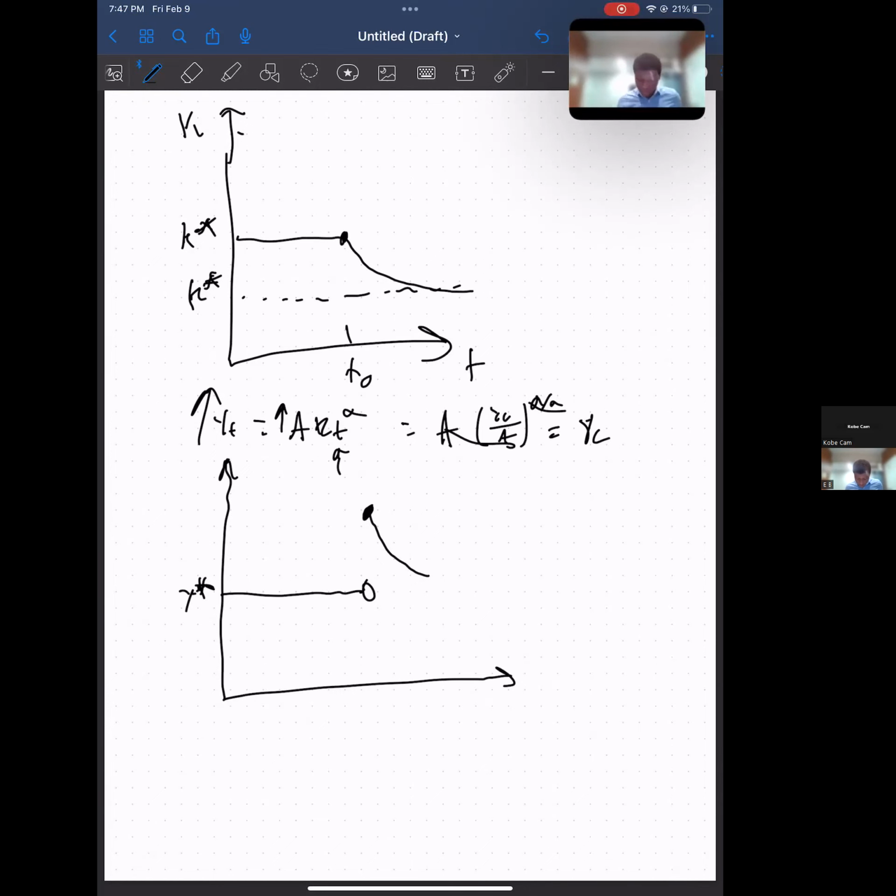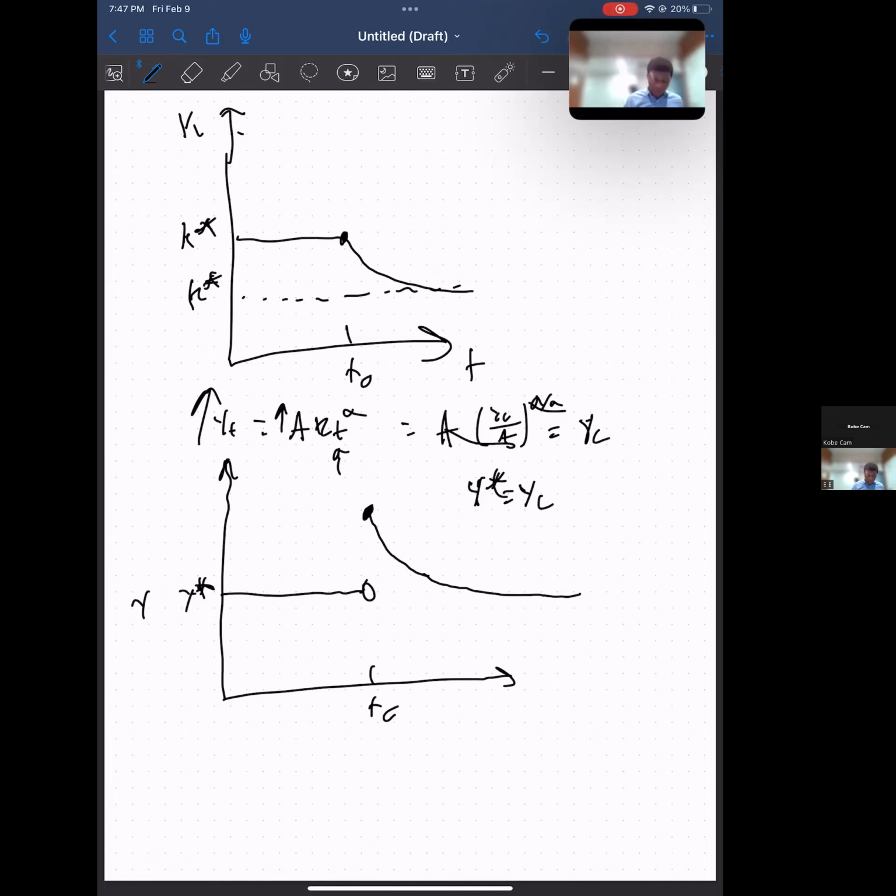So output in the long run remains at YL no matter what happens. Because look, Yt is just equal to YL at the steady state, right? Y star. So even though there was a little disturbance at time t0, as time goes on, it's always going to go back to Y star, right?